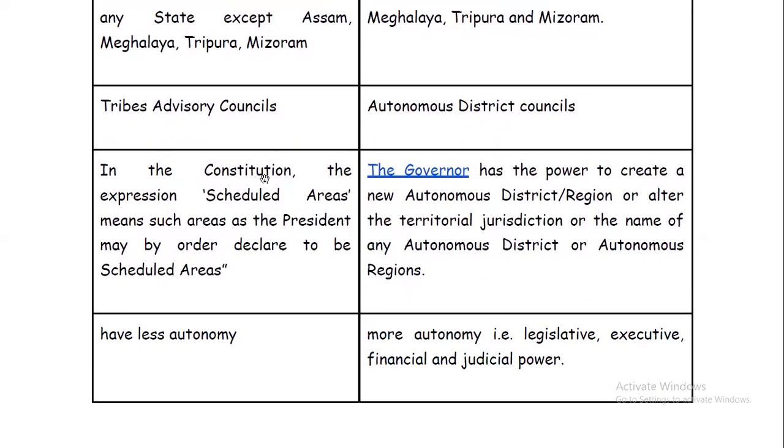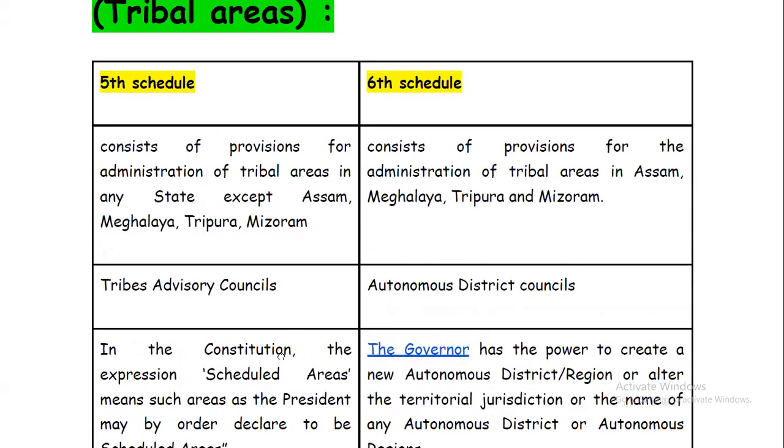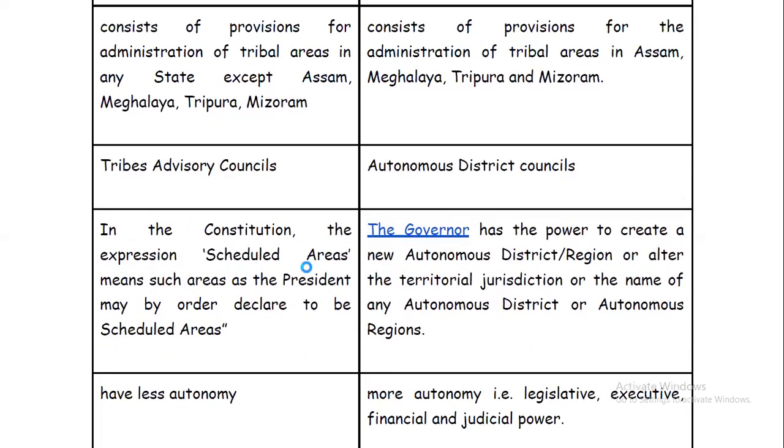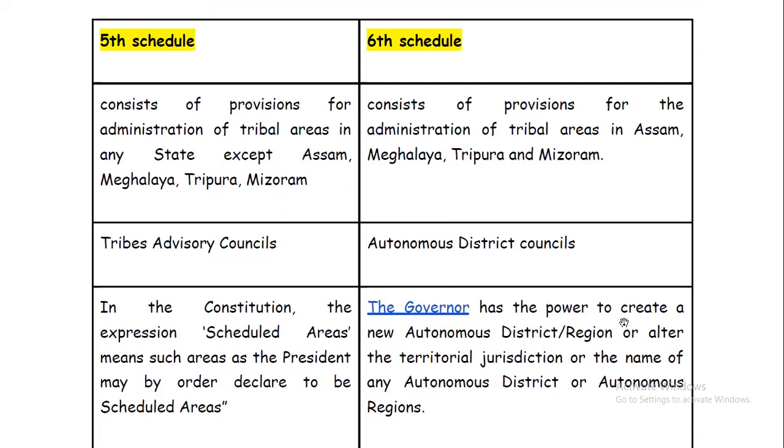Then, in the Constitution, the expression schedule areas means such areas as the President may, by order, declare to be the schedule areas. So, it is the President who may, by order, declare the fifth schedule areas. While in the sixth schedule, the governor has the power to create a new autonomous district or region, or alter the territorial jurisdiction or the name of any autonomous district or autonomous region.